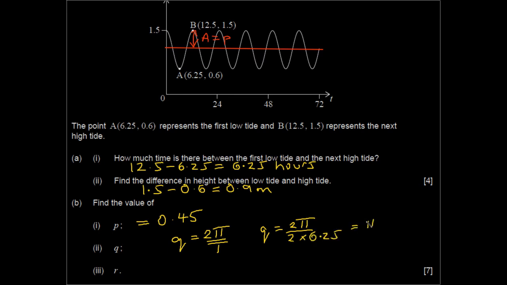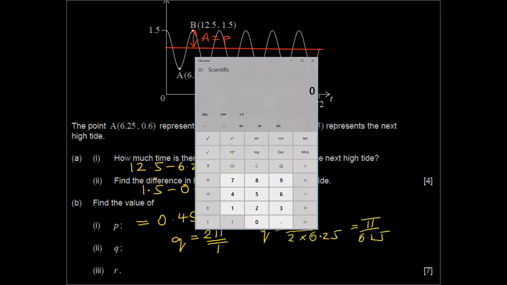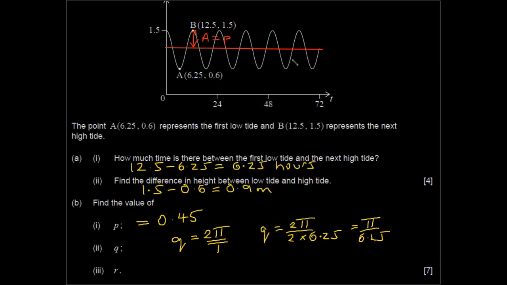So that's just going to be pi divided by 6.25, which I can then use my calculator on, and pi divided by 6.25 is equal to 0.503.